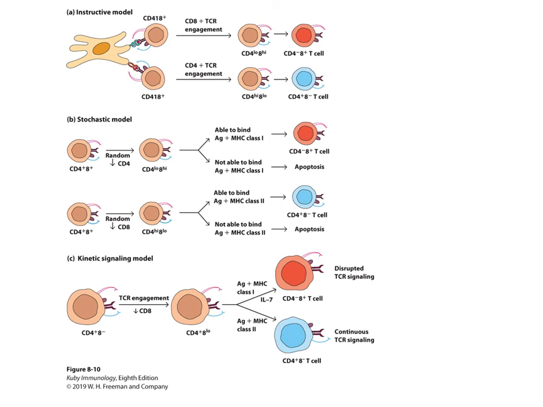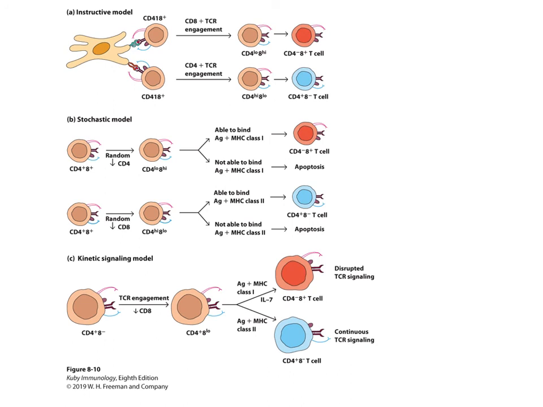The stochastic model looks at the idea that one of them is going to be randomly downregulated. So either CD4 gets downregulated or CD8 gets downregulated. It's more of a flipping of a coin in which lineage it would end up going in.